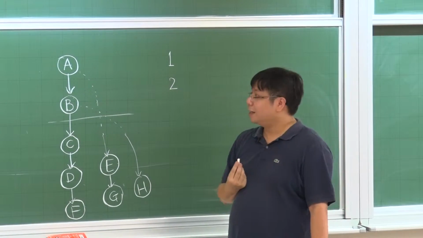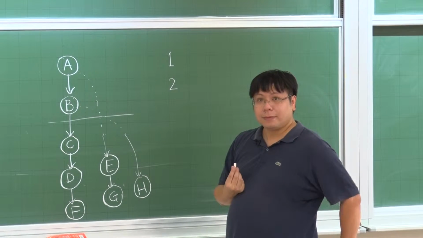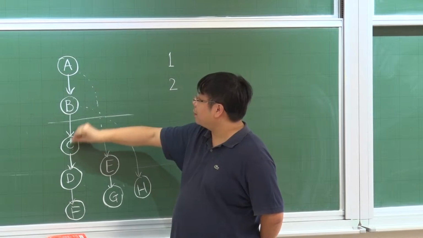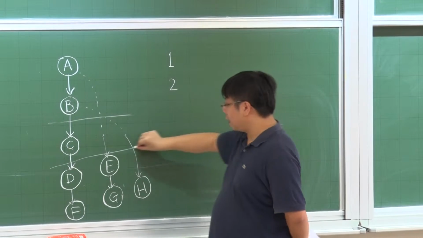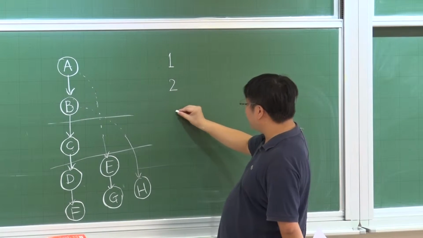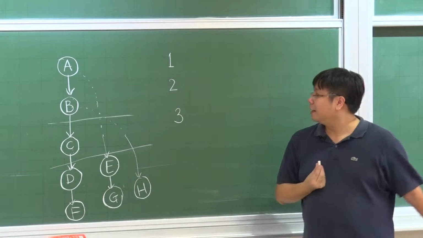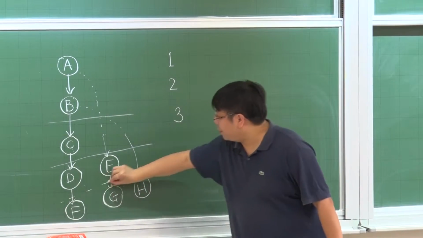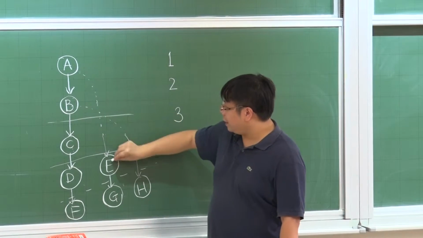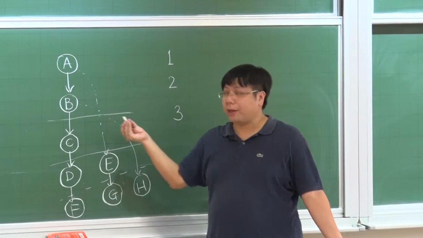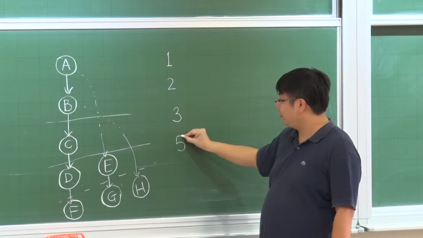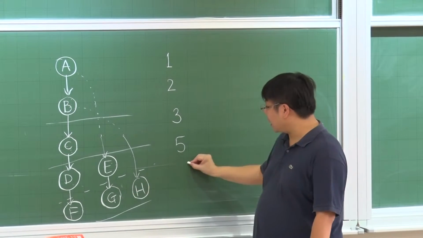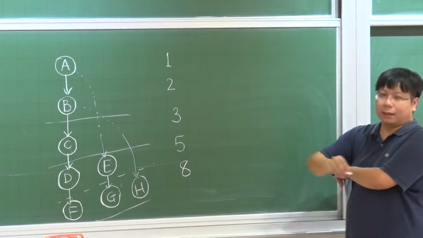After 1 more month, B will give C, and then there is nothing more. So you have A, B, C, which is 1, 2, 3. After 1 more month, A will give E, C will give D, B will give nothing. So we will now have 5. And after 1 more month, you will get 8. Is that okay?